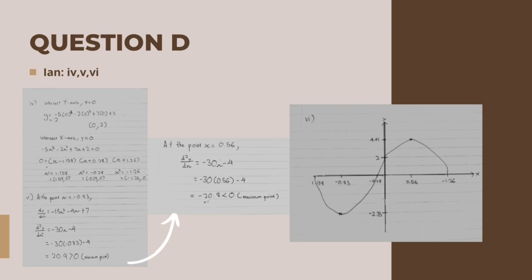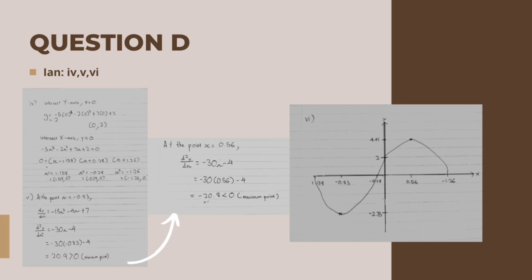Number 5, determine the nature of any stationary point you found in part 2. Justify your answer. So in part 2, we get the answers negative 0.83 and 0.56. That is the first differentiation.